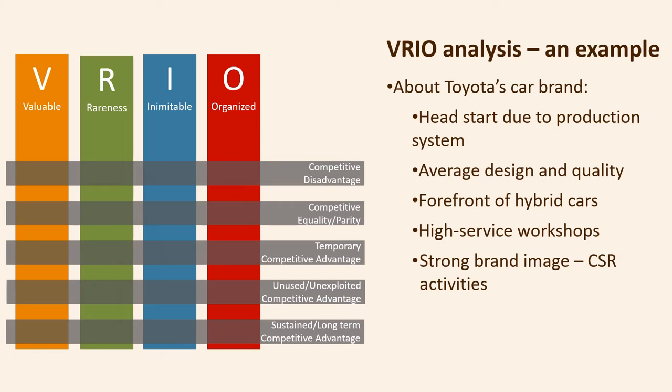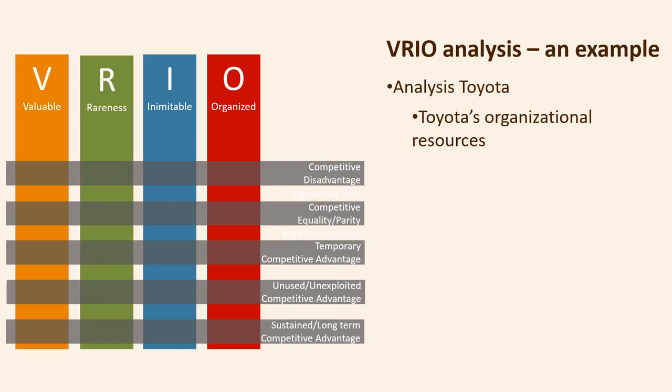Toyota has a strong brand image based on its CSR policy and CSR activities. They have a comprehensive distribution system and are recognized for their long-standing supplier relationships. Toyota Way is a set of principles and behaviors which underpin Toyota Motor Corporation's management approach and production system.